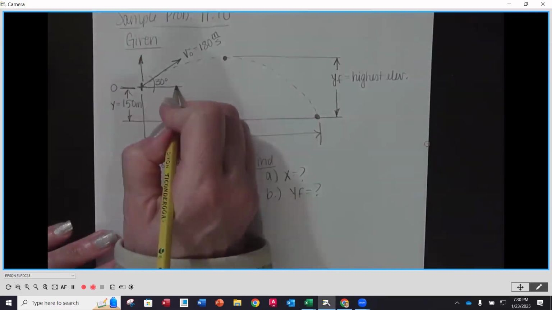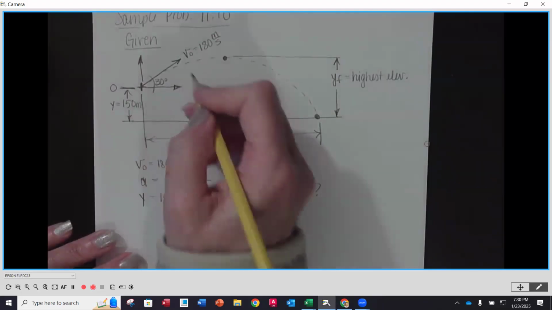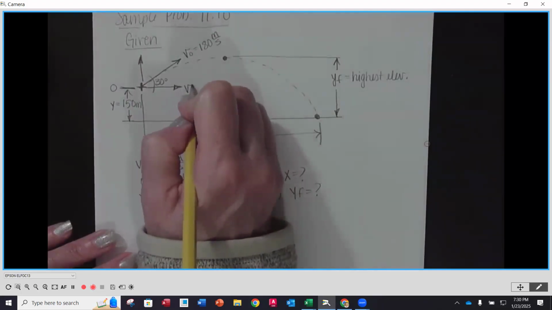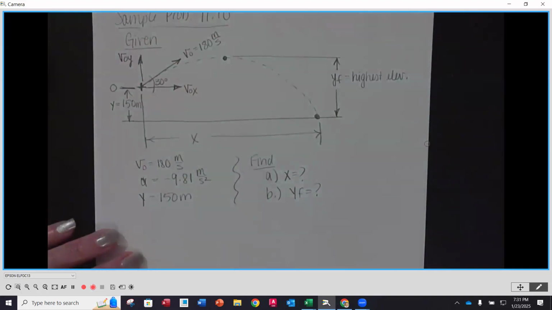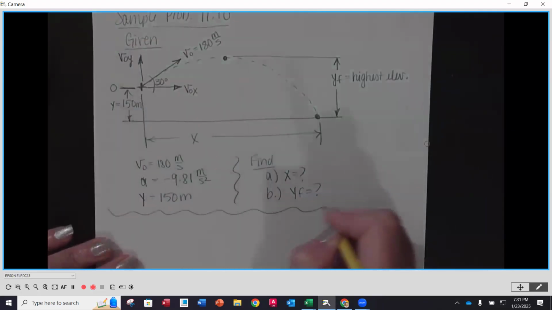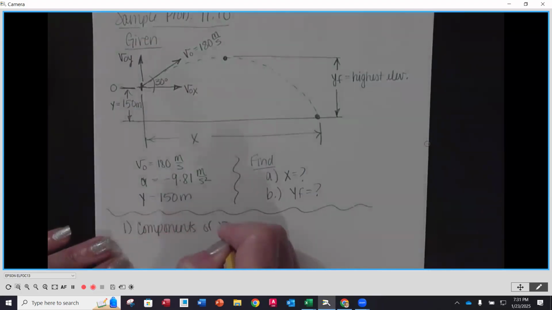You guys have had plenty of component work. You had me for statics, or most of you have. This is going to be my VOX and my VOY, okay? So step number one is going to be components of VO.